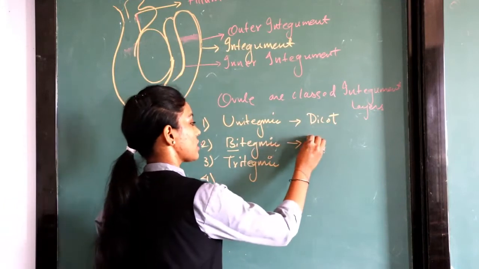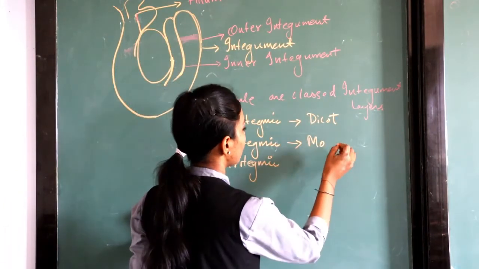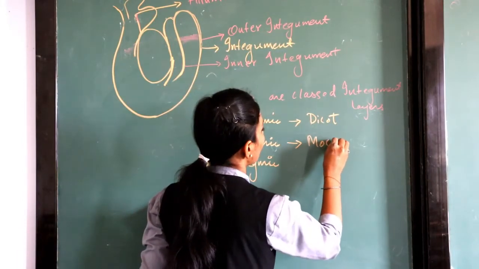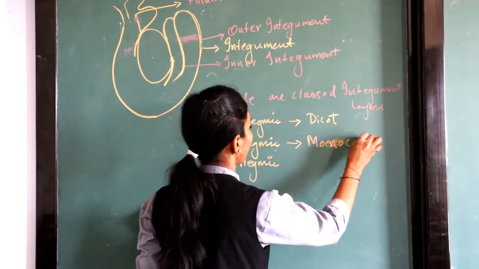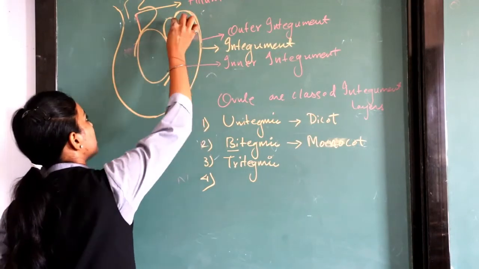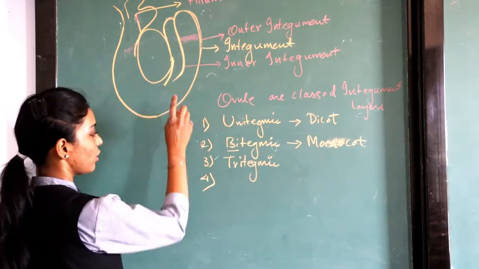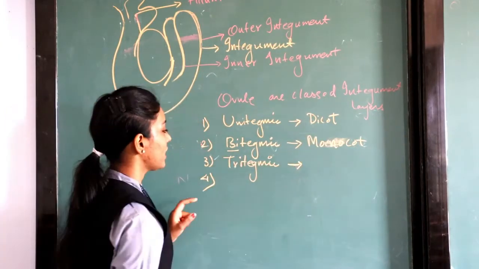Ovules having only 2 integument layers are mostly seen in monocot plants. Here you can see 2 integuments are there. So they are an example of bitegmic.